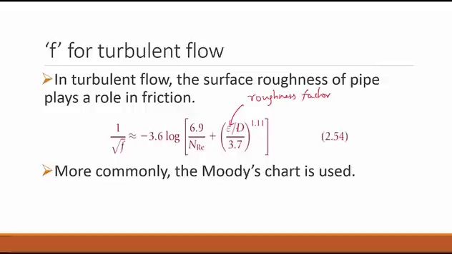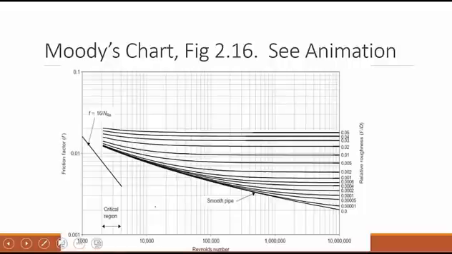So D is the diameter. It still depends on the Reynolds number too. But more commonly we use what is called a Moody's chart. So here is a Moody's chart. The Reynolds number is on the x-axis. If nothing is given, you can assume it as a smooth pipe or like a commercial steel pipe.